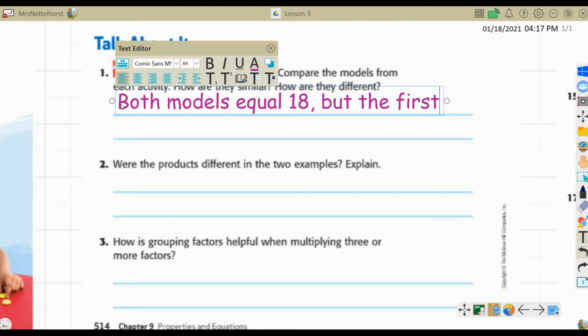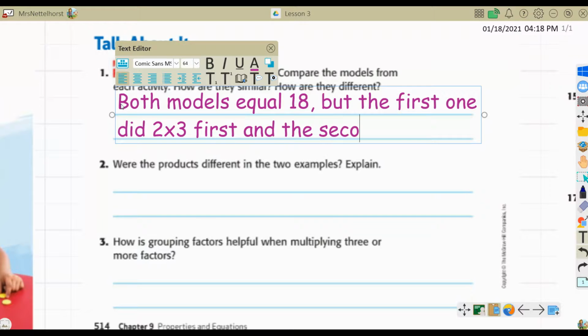But the first one did 2 times 3 first, and the second one did 3 times 3 first. Okay, so there we go. That's the answer for that one.